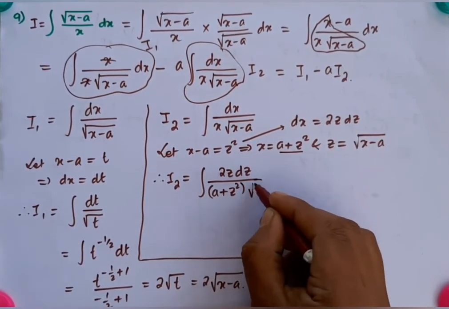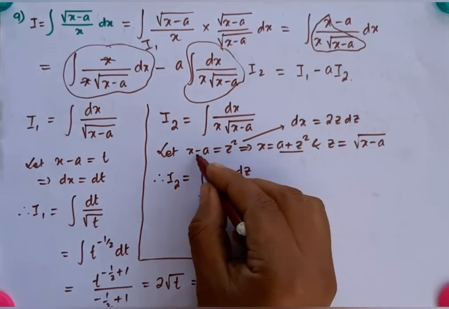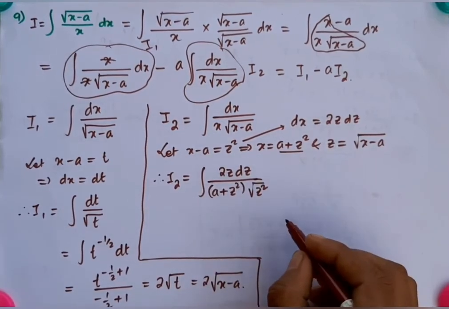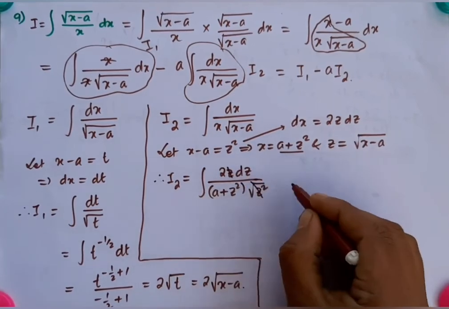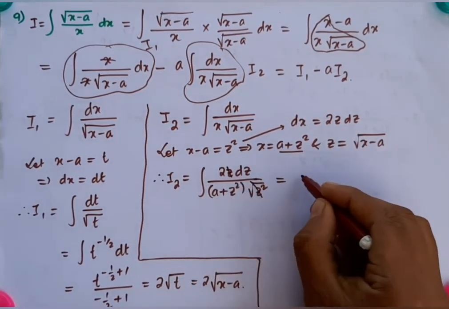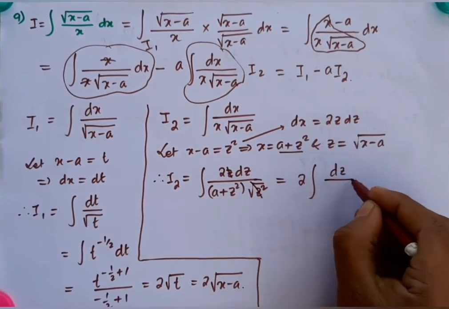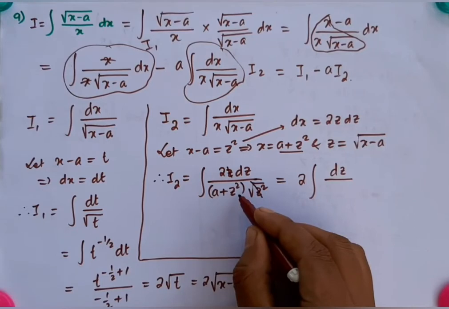Then we have the square root of x minus a, which is z square, so the square root of z square is z. So this and this get cancelled. We have 2 kept outside, so this is integral dz by a plus z square, isn't it?